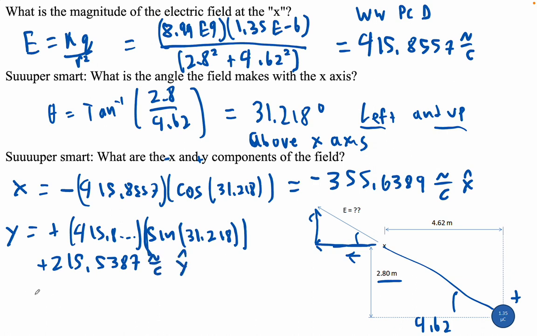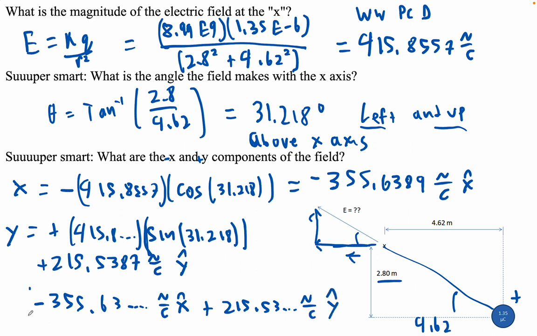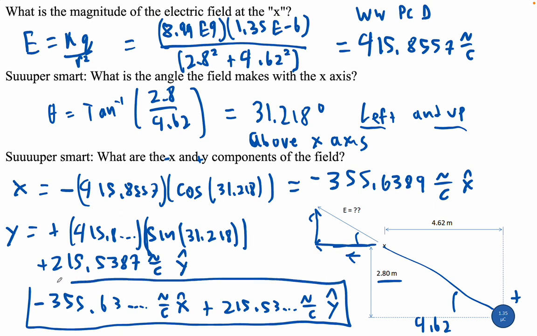So the vector is actually negative 355.63 newtons per coulomb in the x direction plus 215.53 newtons per coulomb in the y direction.